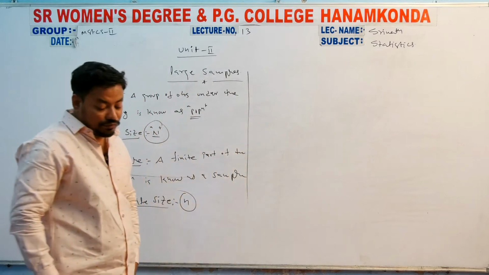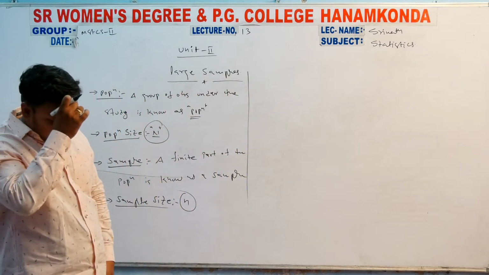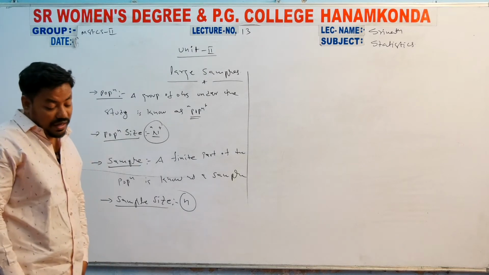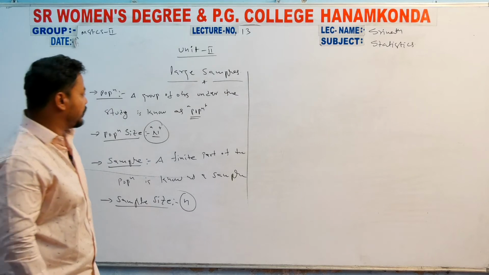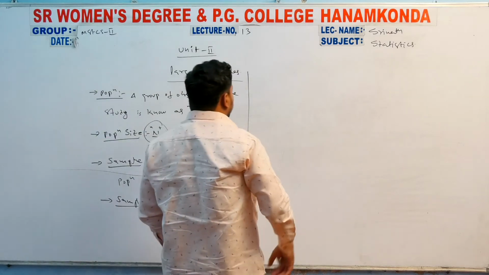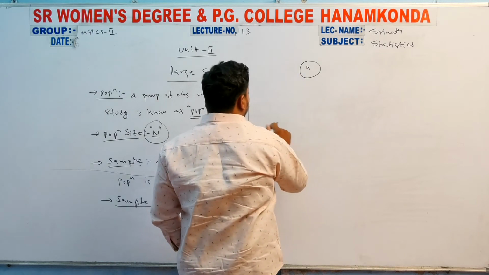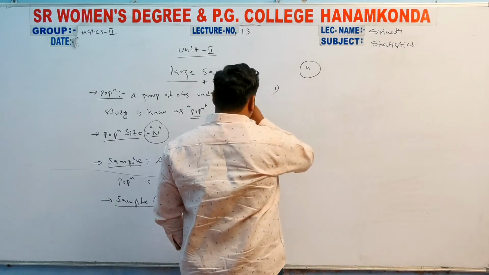And depending on the sample size, the sample is divided into two types. Sample size ni small n ని బేస్ చేసుకొని sample అనేది two types గా డివైడ్ అవుతుంది.